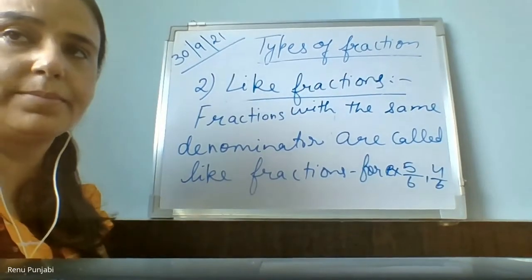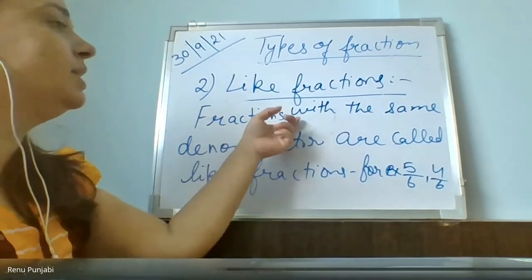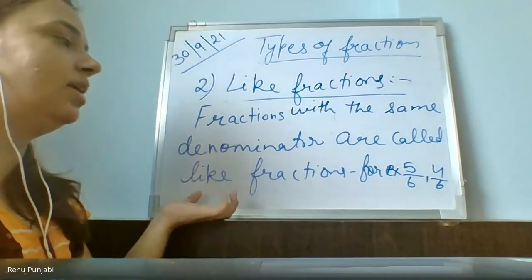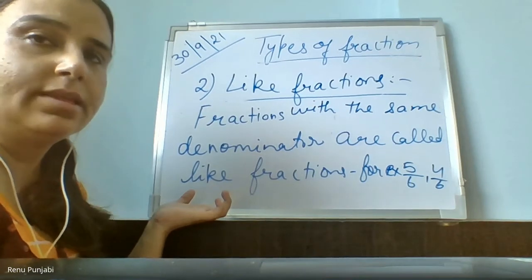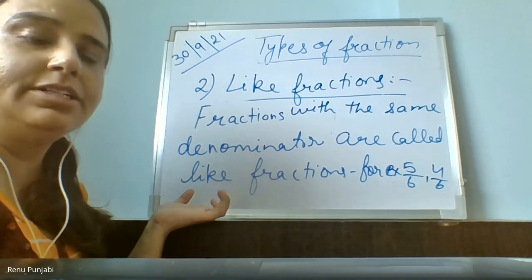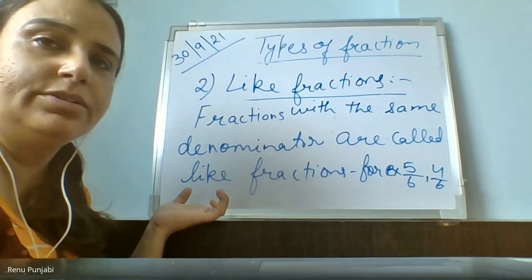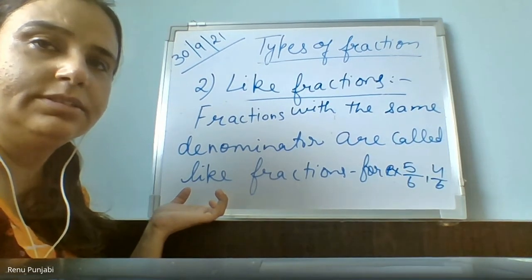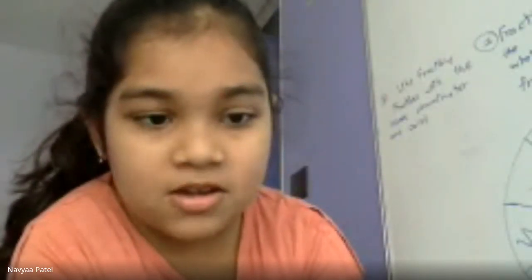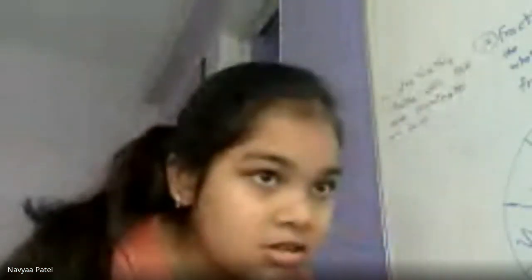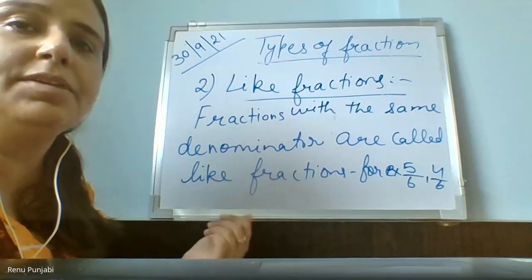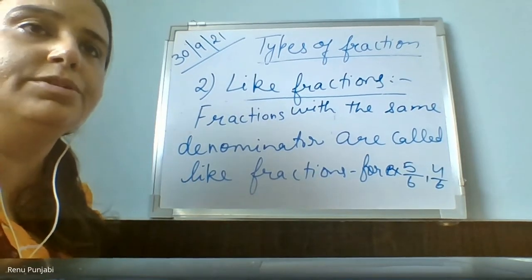Ma'am, in tomorrow's assignment, chapters 4, 5, 6, 7 will come, no? Fractions with the same denominator are called like fractions. Navya, you're not writing in a notebook? Ma'am, I cannot find my notebook. Then I give you permission to write it in the revision notebook.